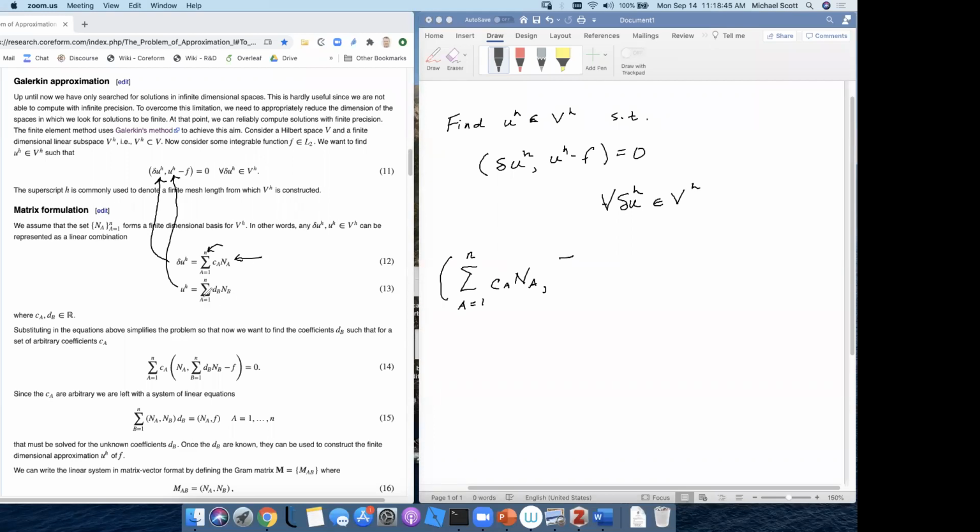Oh, there's a typo right there, huh? Okay, F is left as is because it is just some input data. That has to equal 0 for all delta u^h in V^h.